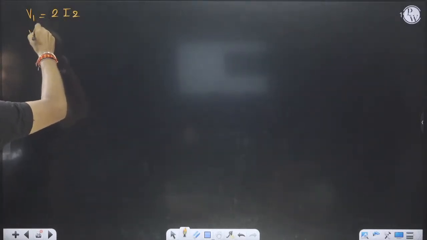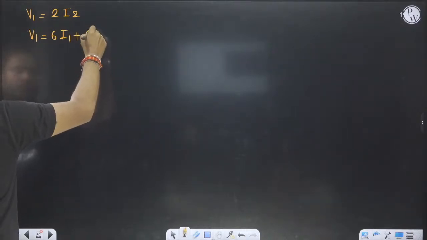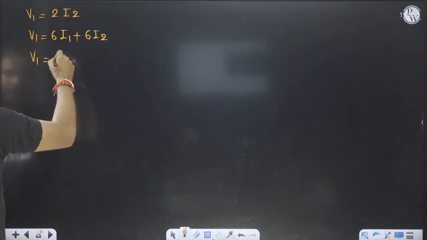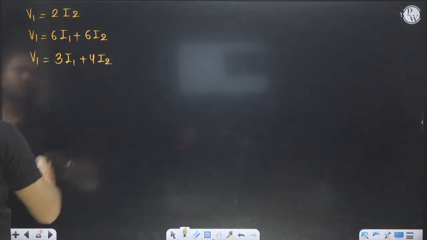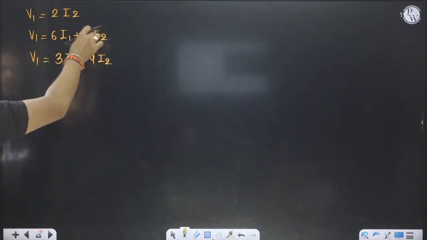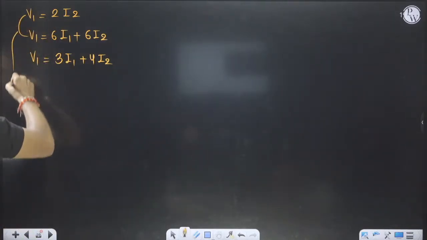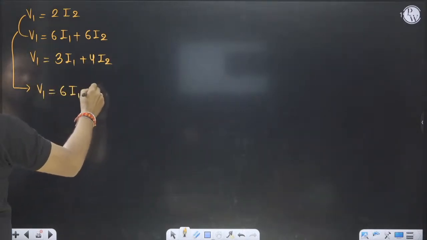And V1 is equal to 6 I1 plus 6 I2, and V1 is equal to 3 I1 plus 4 I2. So here you can write 3 I2, so anything you can use.